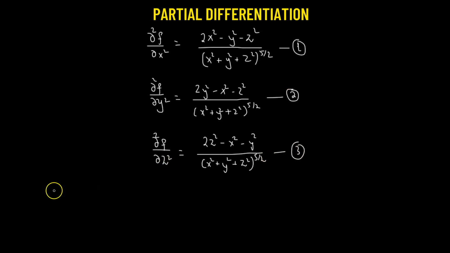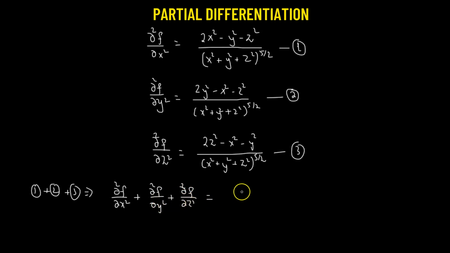Now what we'll do, we'll add 1, 2 and 3. So when we add the three of them, we'll have the second partial derivative of f with respect to x added to the second partial derivative of f with respect to y added to the second partial derivative of f with respect to z.